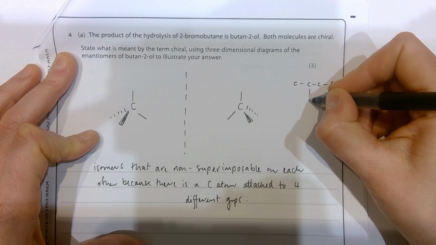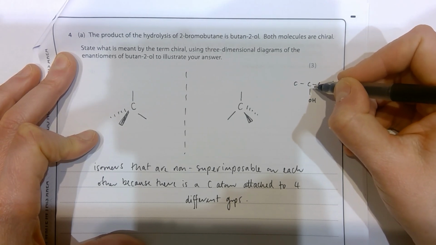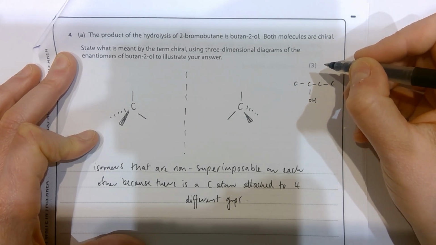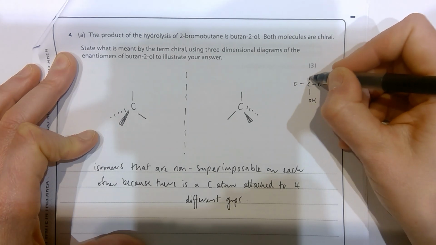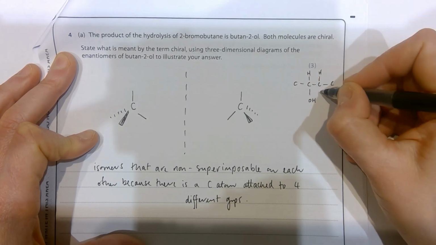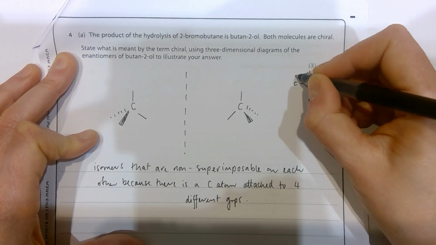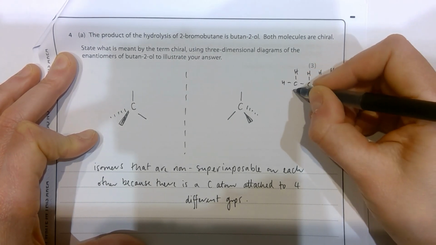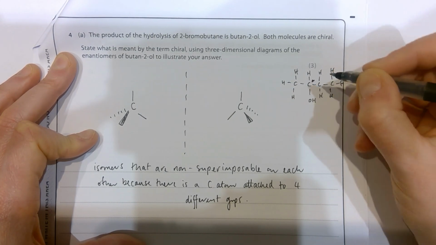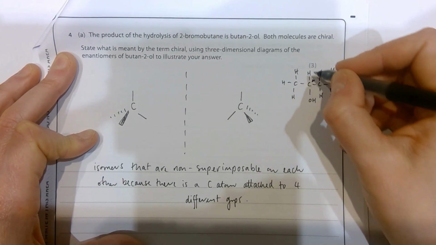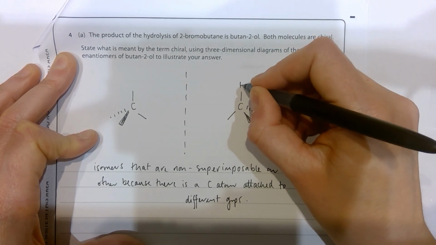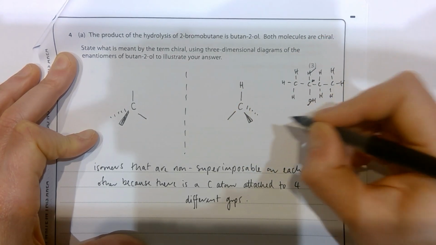So we've got an OH attached to the second carbon, and that means that's an H. These are H's. Okay, so I can see where my chiral center is going to be. It's on this one. Okay, so we've got 1 hydrogen attached. I'll draw the hydrogen on there. 1 OH group attached.